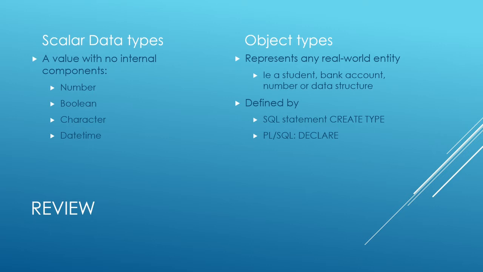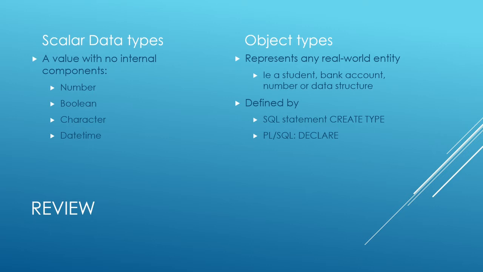Object types, though, a good way to think of these is that it represents any real world entity. A student can be an object type, a bank account, a number, or a data structure. Object types in SQL are defined by the create type statement, and in PL/SQL are defined by the declare statement.